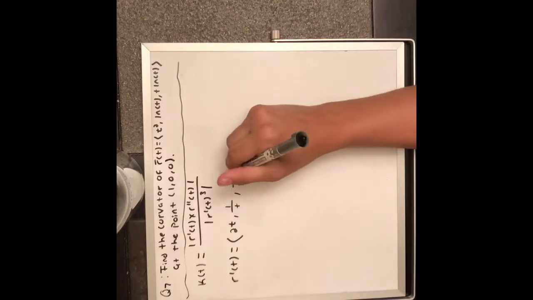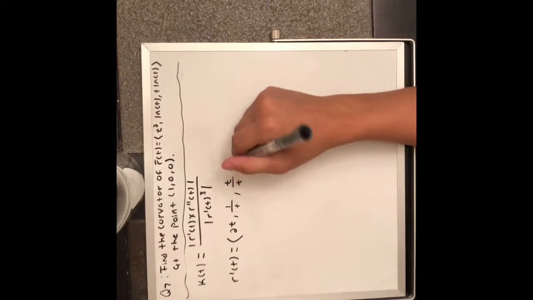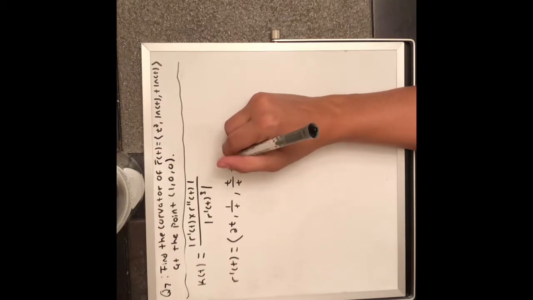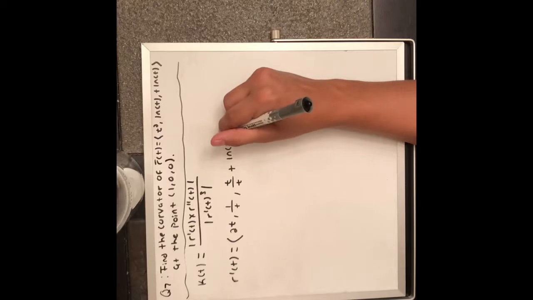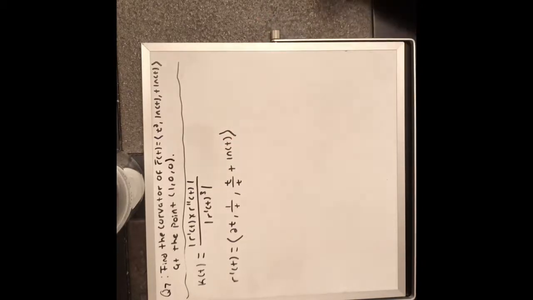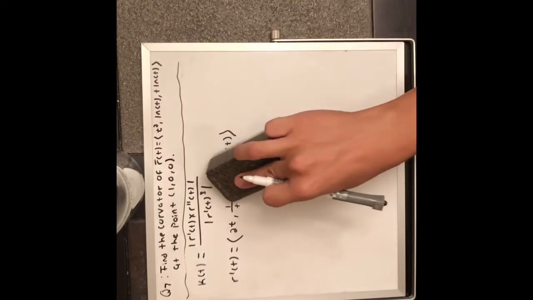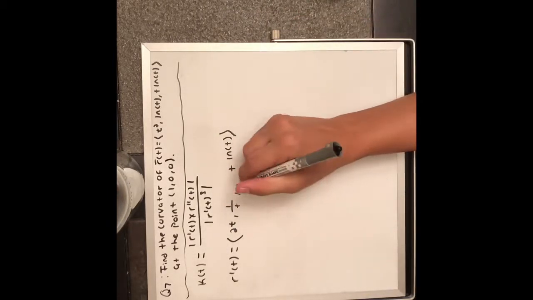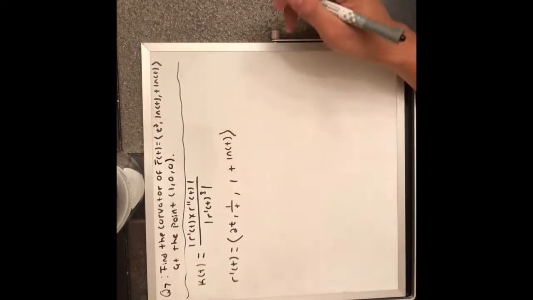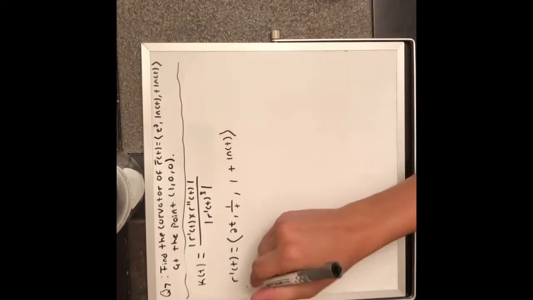Keep the first, so that becomes t over t, plus the derivative of the first, which is 1, and we keep the ln of t. So t divided by t is just another way of saying 1. So let us write down 1 plus ln of t. This is our r prime of t.